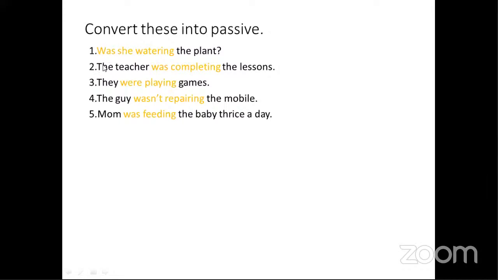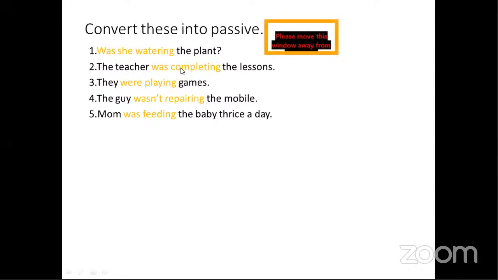Now here, first one you can see. What is this? What type of sentence is it? Is it a sentence or a question? This is just a question, no? Was she watering the plants? Right, convert this. And the teacher was completing the lessons.